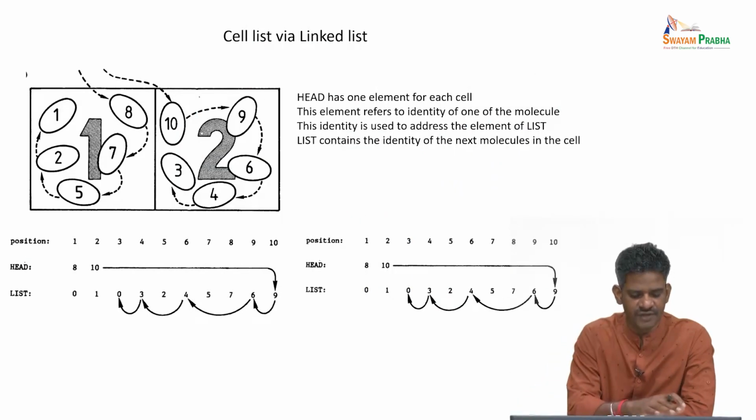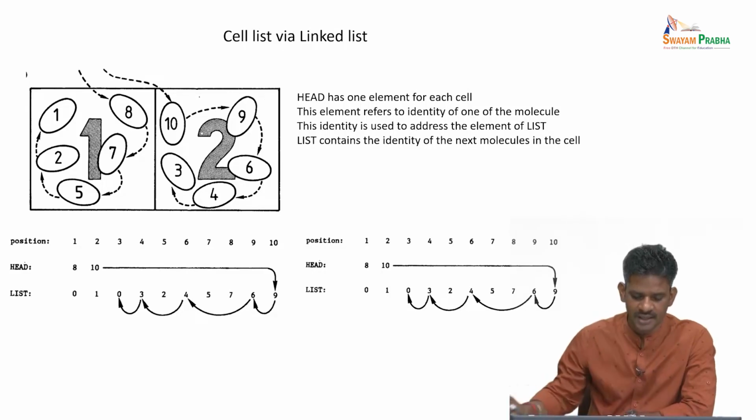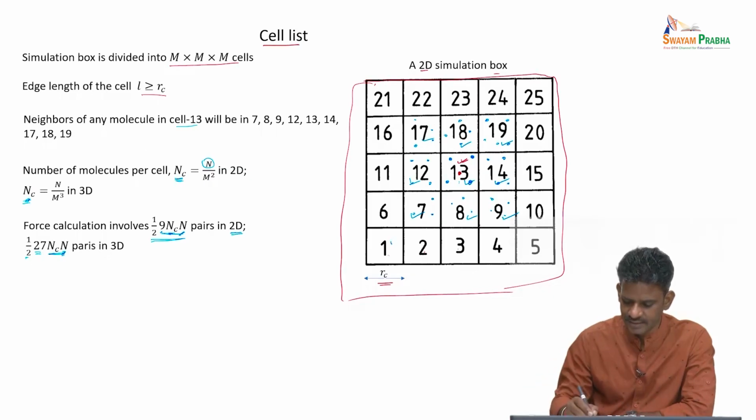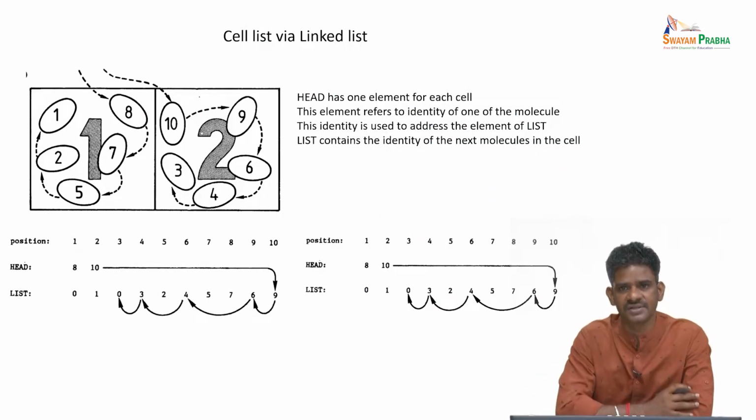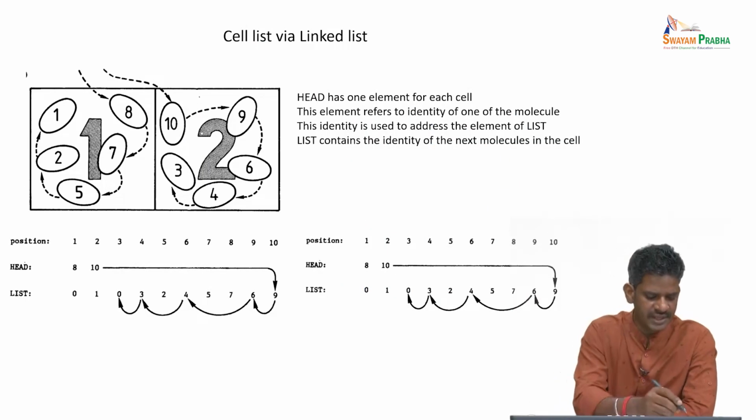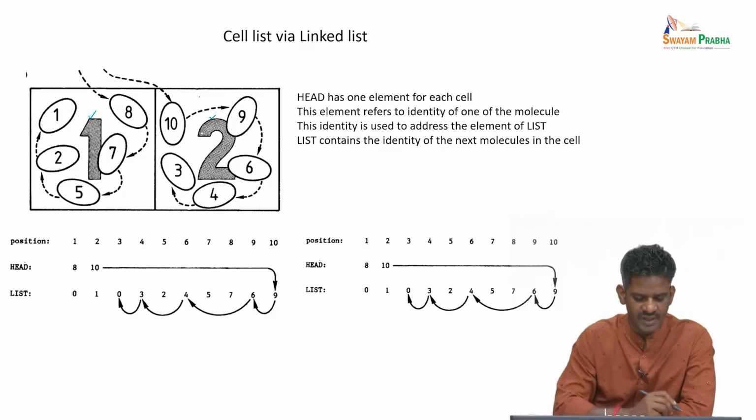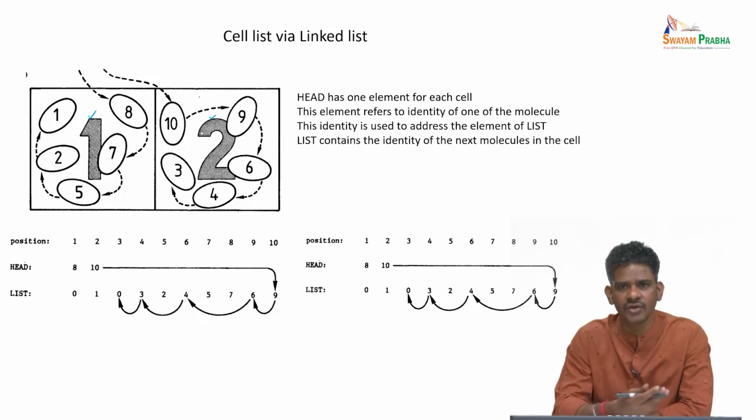So in this example we are showing only 2 such cells. Let us take this cell and this cell. This is basically a part of the central simulation box. This index 1 here is the index for the cell, and all these elliptical objects that you see here could be the molecules of interest.